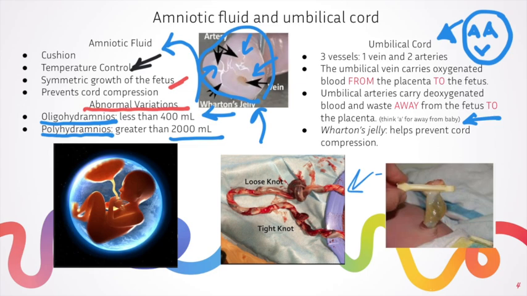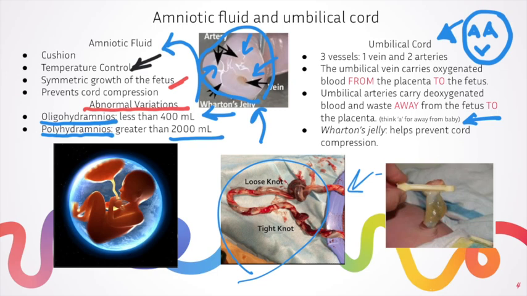It can be compressed because it's wrapped around the baby's body. It can be compressed because there's not enough fluid to keep the cushion there. It can be compressed because there is a knot in the cord. All right? You don't know any of this stuff by looking at your pregnant patient, but you can tell that there's compression because you're going to learn how to read the fetal monitor tracing.